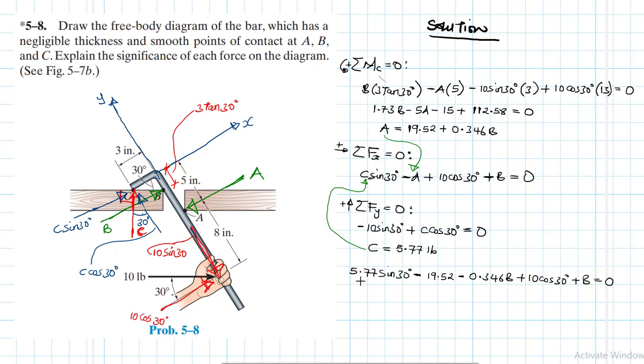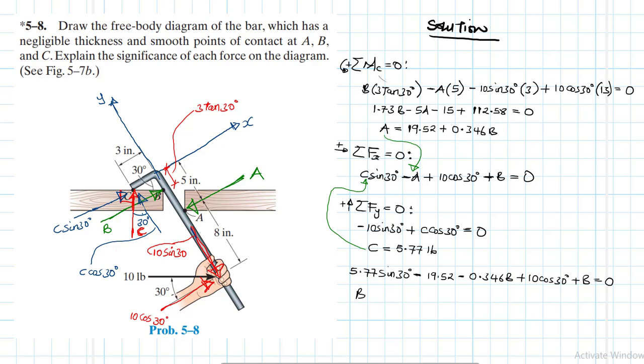Alright, so here we go. Let's sum up everything. Let's sum up the B's. Let's sum up all the numbers we have and divide it by B. What do we have?